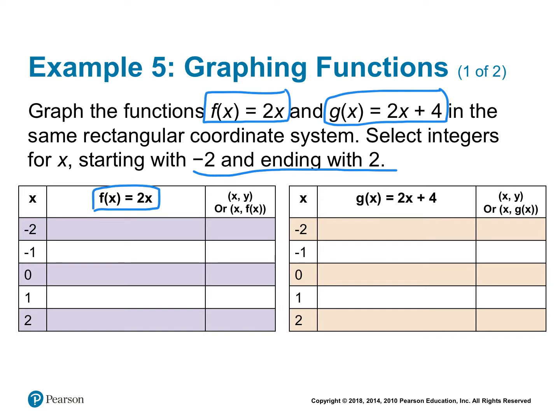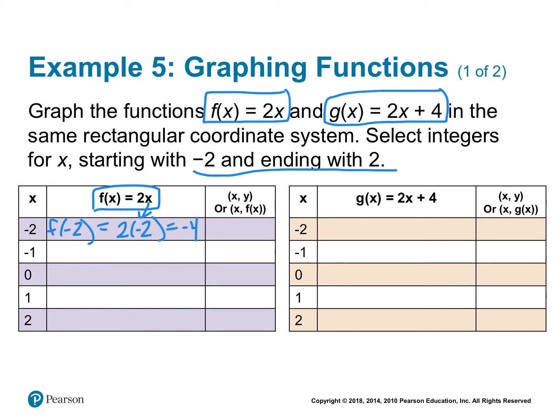To find f of x, you're going to replace the x with our x value. So in this case, what is f of -2? I'm going to replace my x with a -2, which is -4.